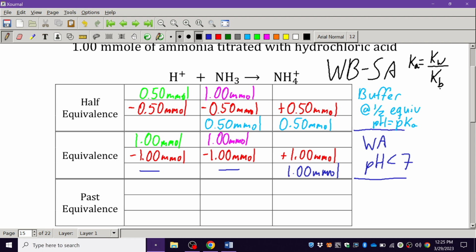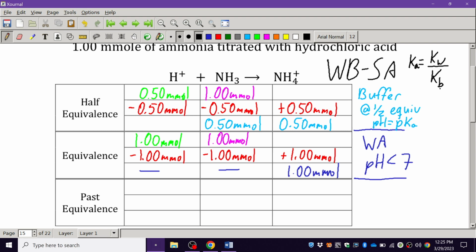So you could do that here. Or you could also take 14 minus pKb, which would do the same thing. In this particular case, you get something times 10 to the negative 10th for your Ka value. It's small, but it is large enough that you're going to have a slightly acidic solution at equivalence.